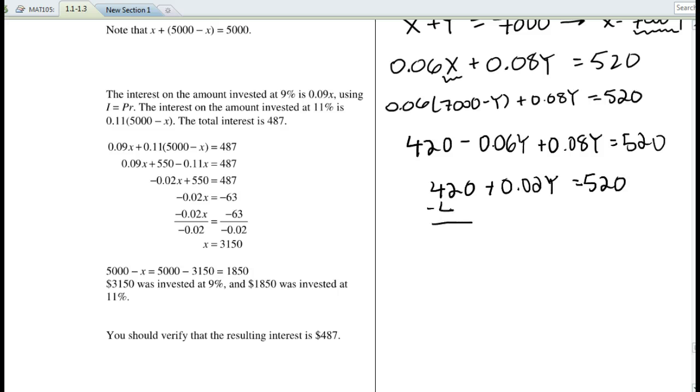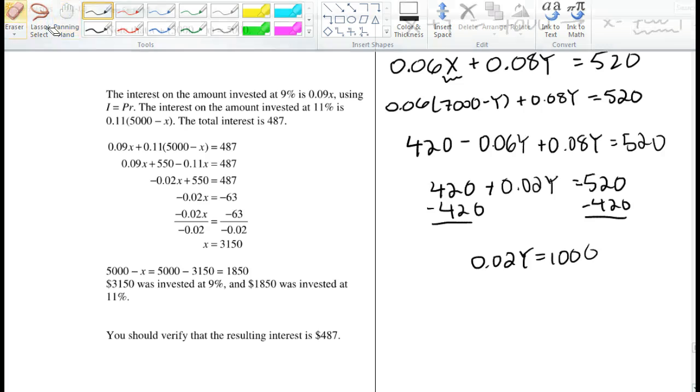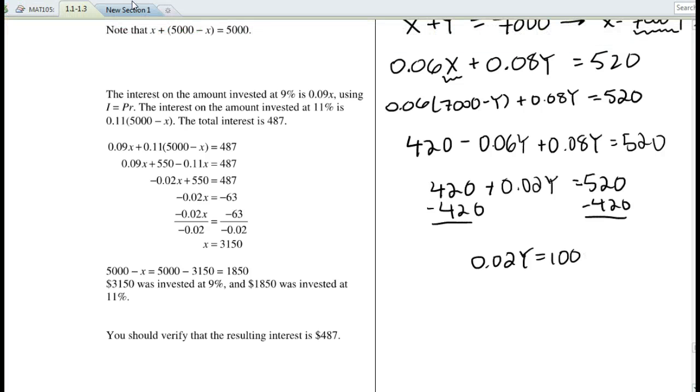So subtract 420 on each side. So 0.02y equals 100. So 100, not 1,000. So if you divide by 0.02, I believe that's going to give us 5,000.